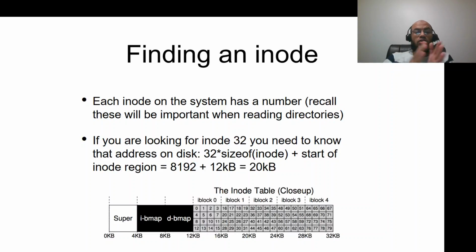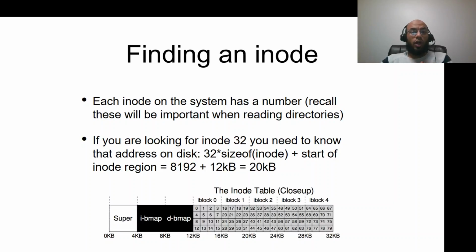So this is your first 12 kilobytes. After this first 12 kilobytes, you start with the inode table, where you actually store the different inodes and which data blocks they have.